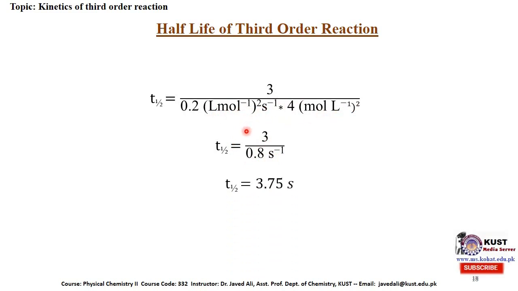By further solving this equation, we get half-life of reaction is equal to 3.75 seconds. So we can determine the half-life of a reaction if we know the initial concentration and rate constant of the reactant. And similarly, we can also calculate the rate constant if we know the initial concentration and the half-life of the reaction.